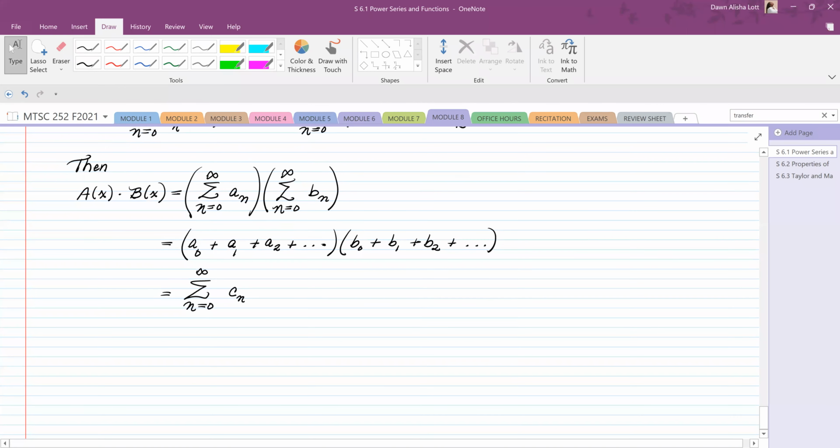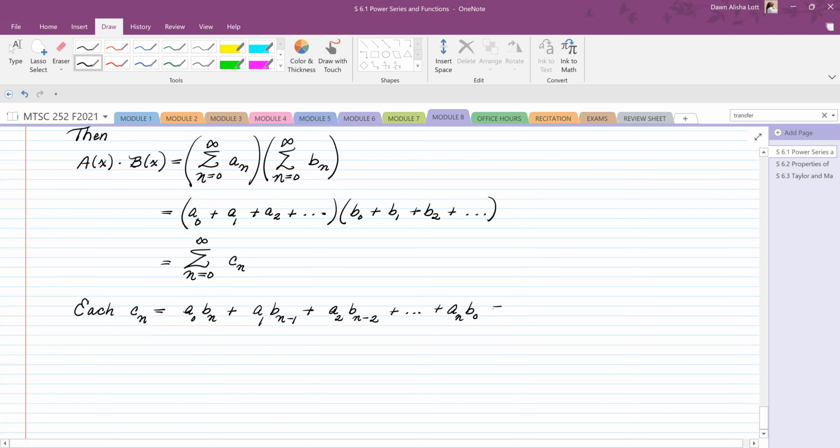And each Cn looks like A naught Bn plus A1 Bn minus 1 plus A2 Bn minus 2, all the way up to An B naught. All right. And that itself is the sum K. Oh, gosh.